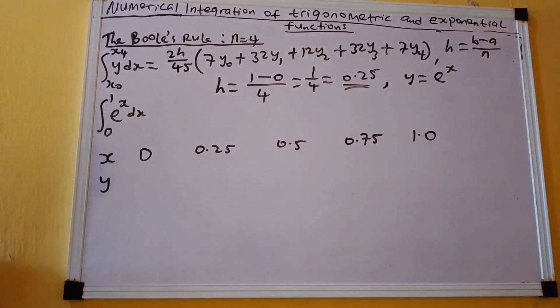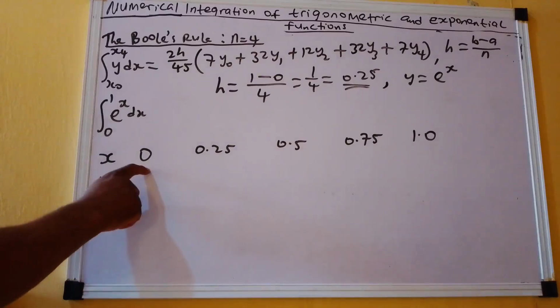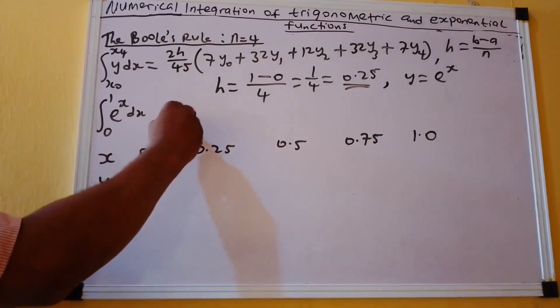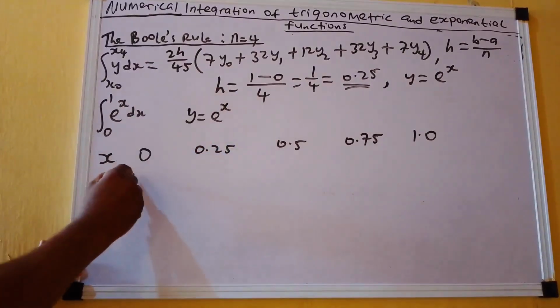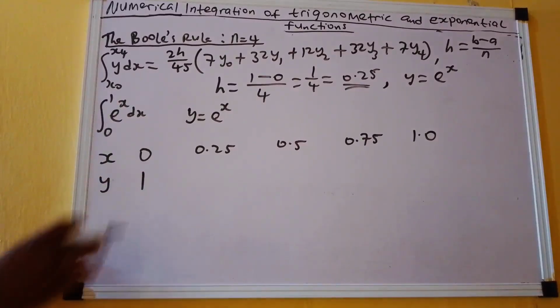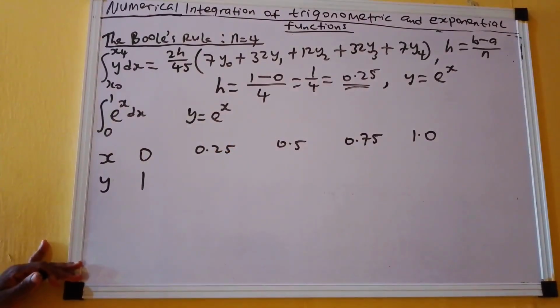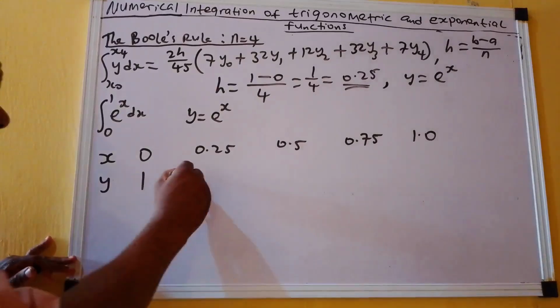Now we want to get corresponding values for y. When x is 0, note our y is equal to exponential x. So exponential 0 will be 1. So exponential 0.25, we are taking it up to 5 decimal places, it will be 1.28403.